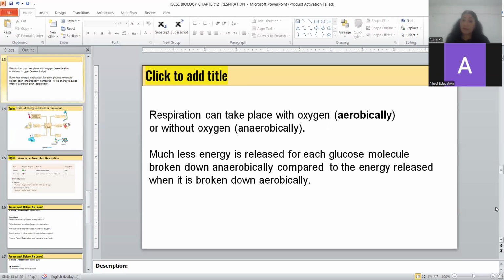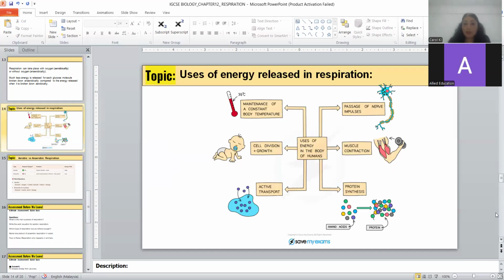But in the absence of oxygen, which means anaerobically, we have less energy or ATP being released. So much less energy is released for each glucose molecule broken down anaerobically compared to the energy released when it is broken down aerobically.